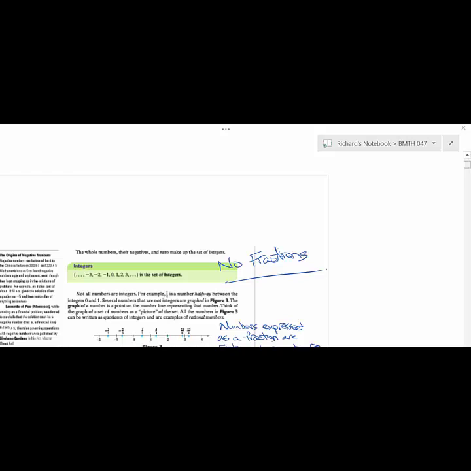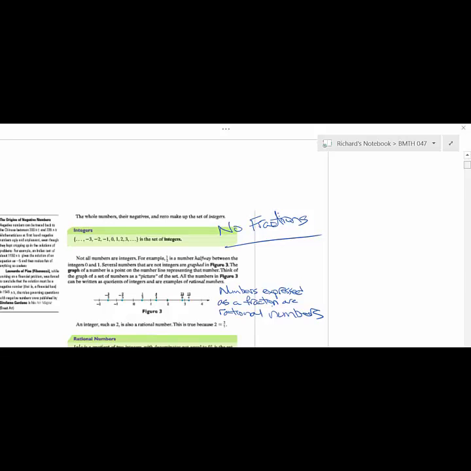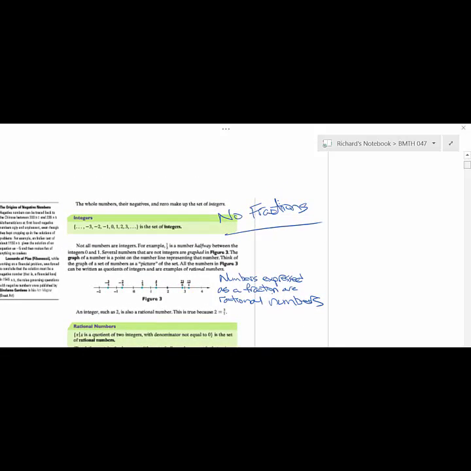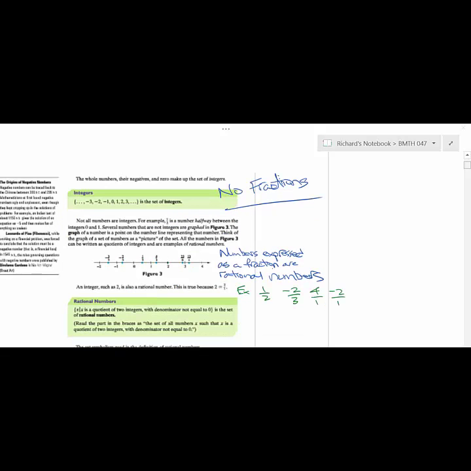Numbers that can be expressed as a fraction we call rational numbers. So, rational numbers are numbers that are a ratio between two numbers, like a fraction.